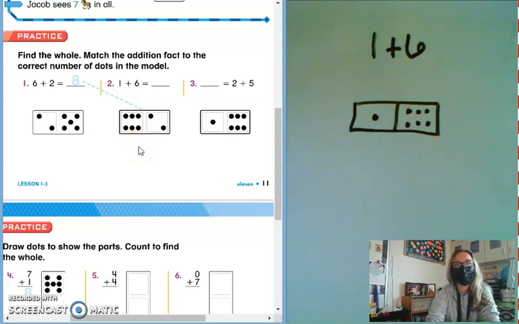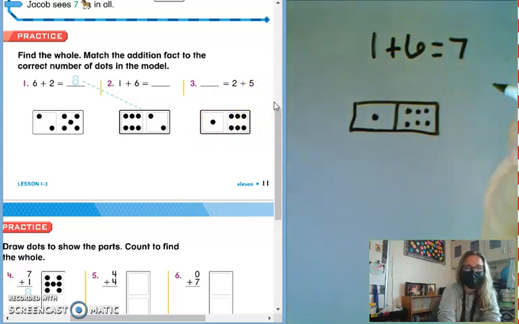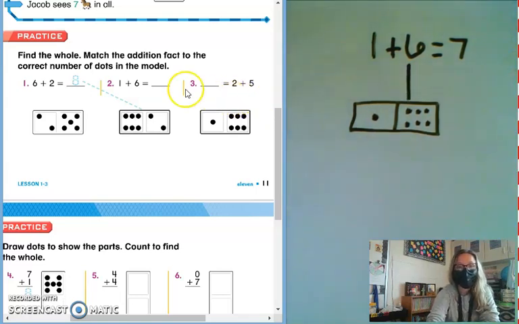Which one, Emily? The last one right here, 1 plus 6. And how many altogether is that, Emily? 7. So you can write a number 7, and then you can draw a line to connect from 1 plus 6 equals 7 down to the domino that shows 1 plus 6 equals 7.